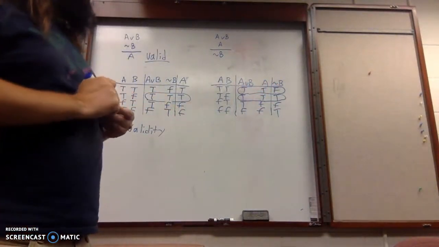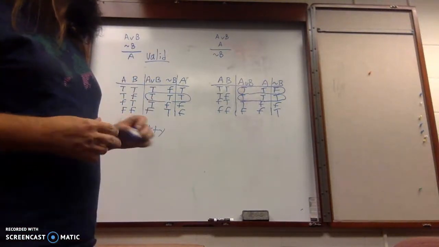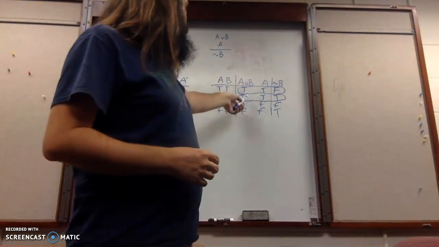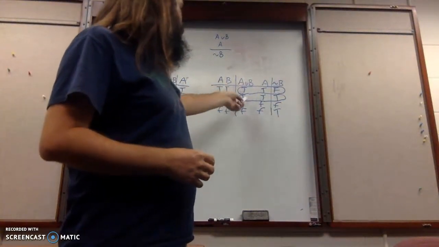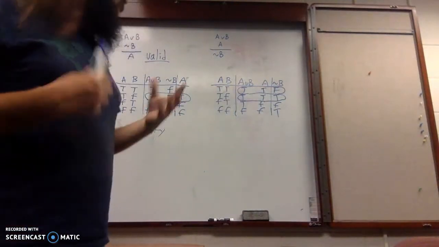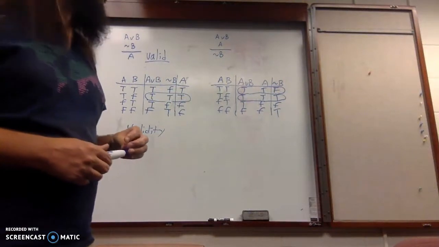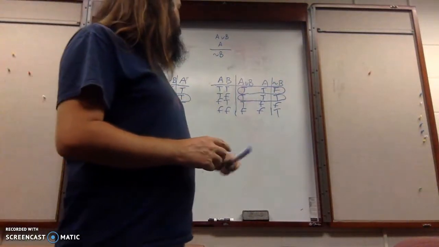So does the conclusion follow from the premises? It seems if A is true and B is false, then both the premises are true and the conclusion is false. So in that case, it seems like maybe the conclusion follows from the premises. But actually, that's not true.